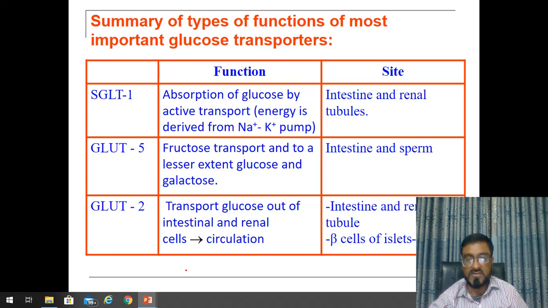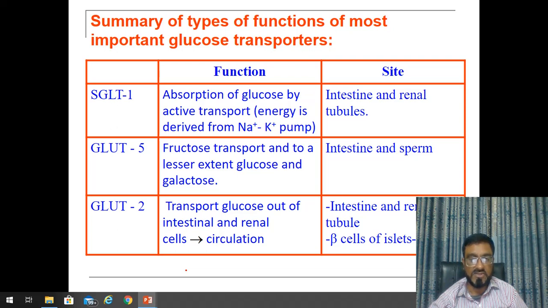It works in the intestine and renal tubules. GLUT5. What is the function of that? It's a fructose transport system, and to a lesser extent, glucose and galactose. It resides in the intestine and the sperm.